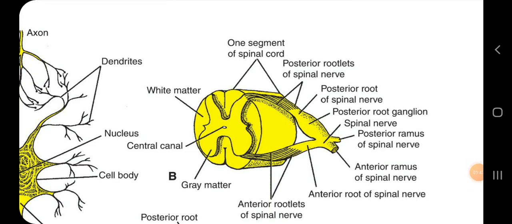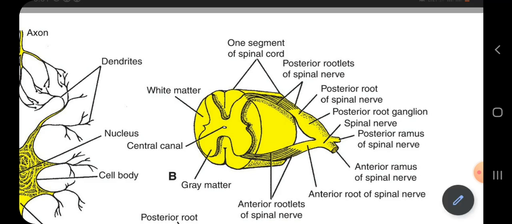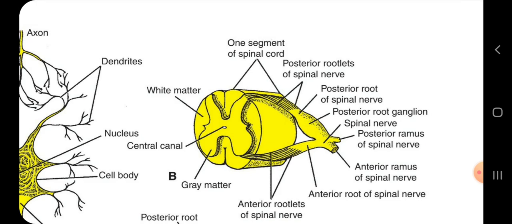The figure B is showing the posterior root ganglion, the posterior ramus of the spinal nerve, the anterior ramus of the spinal nerve and the spinal nerve, the anterior root of the spinal nerve and the posterior root of the spinal nerve, the posterior rootlets, the anterior rootlets, and one segment of the spinal cord showing white matter, the central canal and the gray matter.